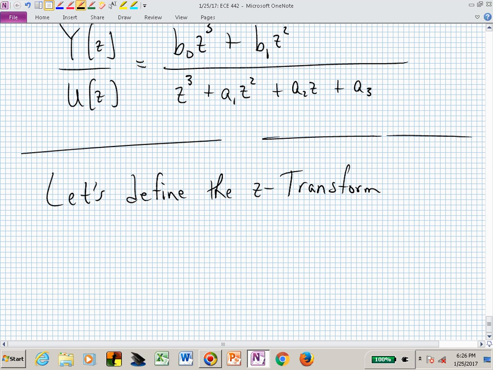Yes? Just fall asleep and shake your head up and down, right? Humor me. You need to know some of the Laplace transforms that you've seen before. Let's now define the z transform, and we will start by remembering, or trying to remember, what we know about the Laplace transform.